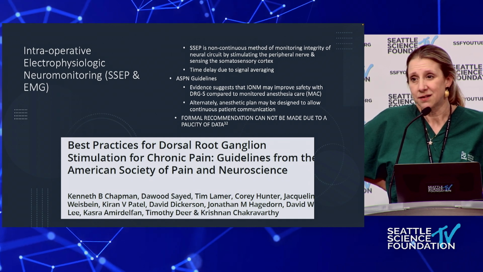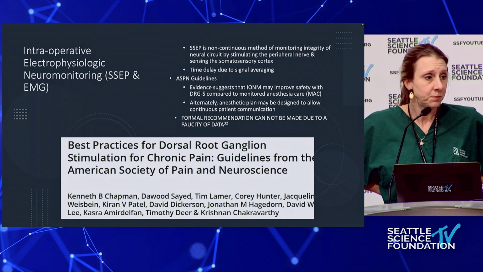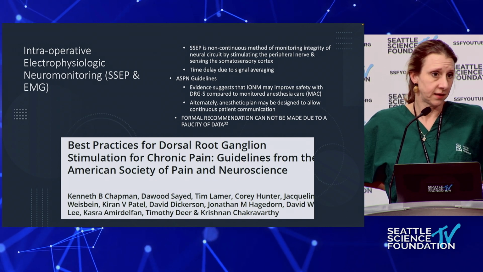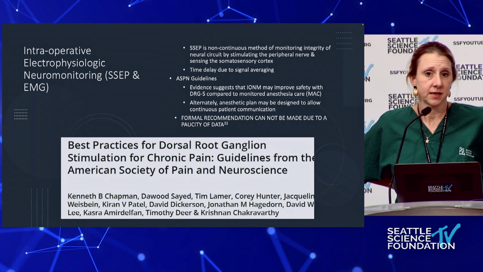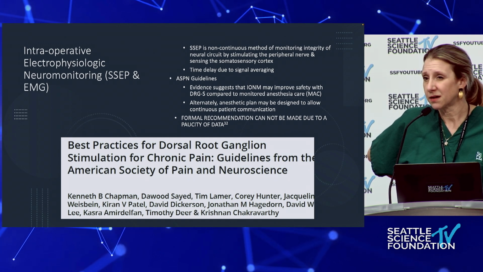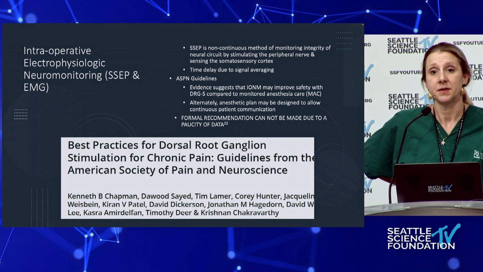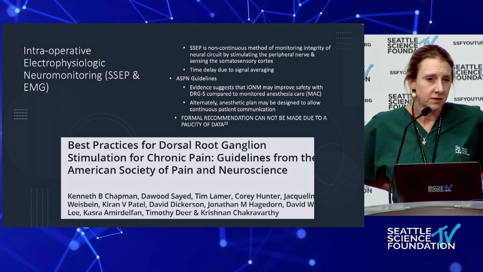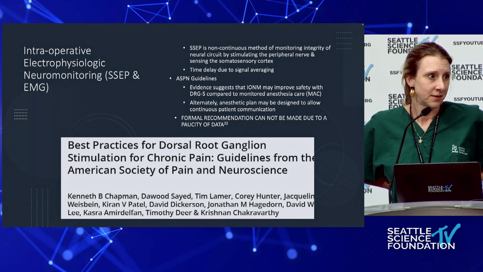There was a recognition that there could be, in theory, a higher risk of injury to the DRG because of the proximity of the procedure here, but found that there was really not enough evidence for a recommendation. And actually, our patients are our best monitor.